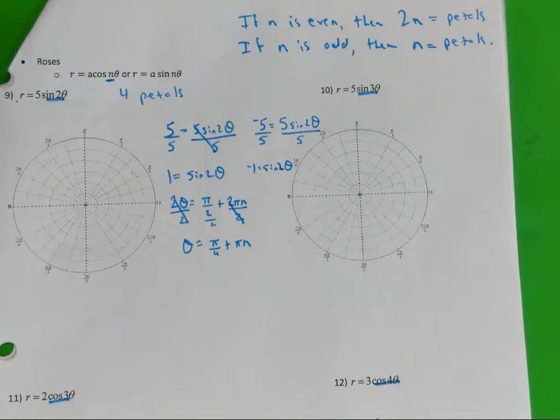Is this coming back to you? Okay. I let n be 0. We don't want it to go over 2 pi. You remember how we had to solve once it went over 2? That's what you're doing here, okay? If I plug 0 in, what is it? Pi over 4.